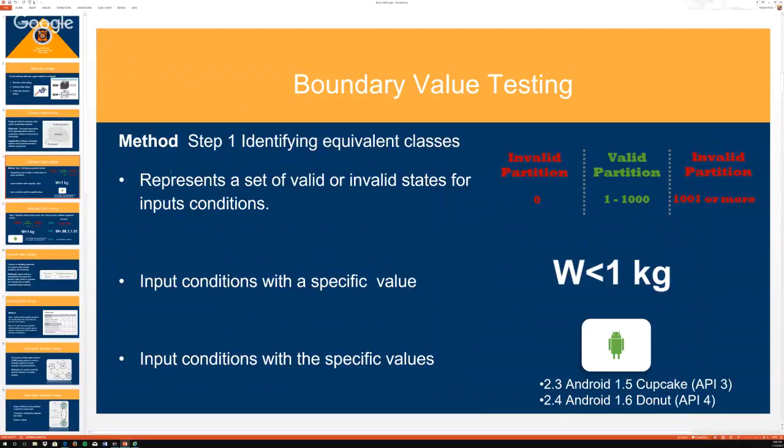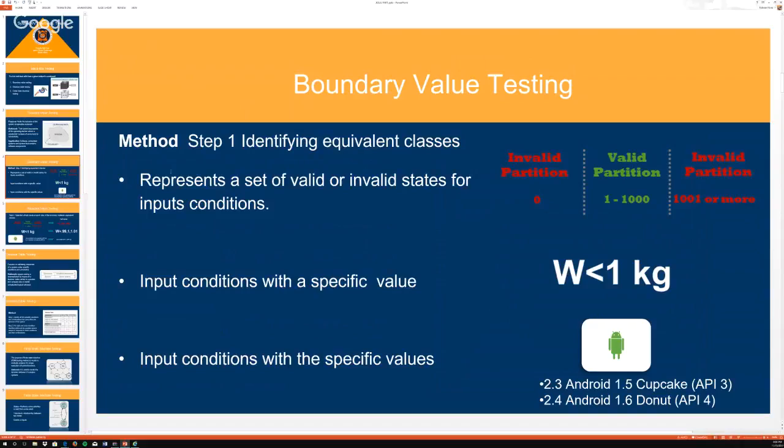Another way to identify the equivalent classes is by defining the specific value that we must have. For example, in the project of the drone, we can say that the total weight of the drone must be less than 1 kilogram. So this would be another class.